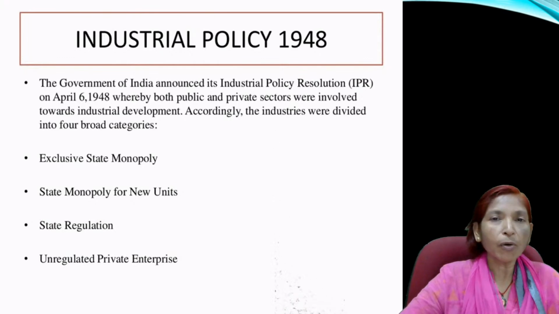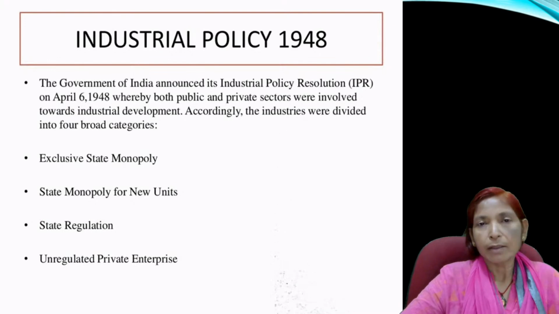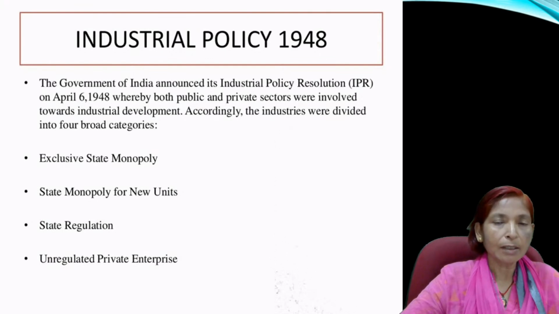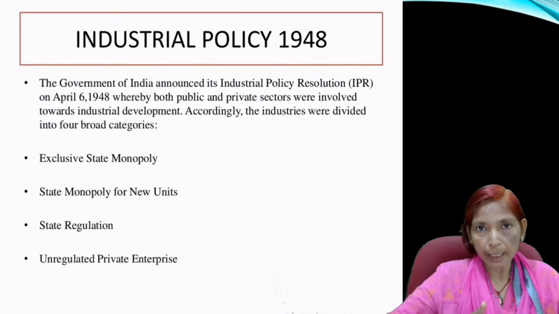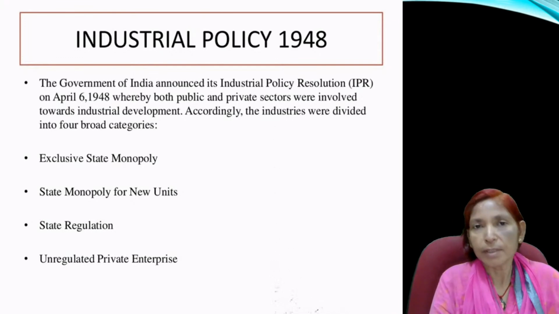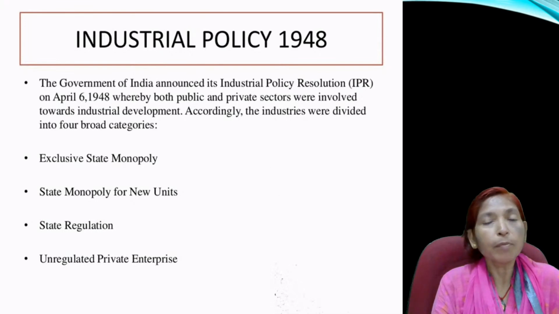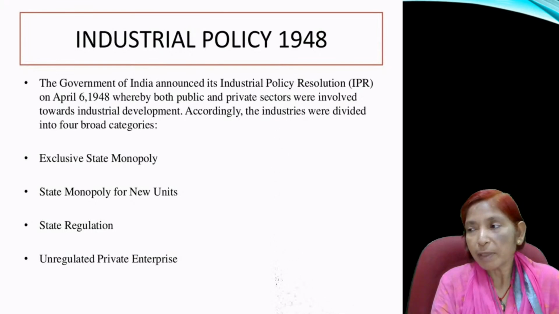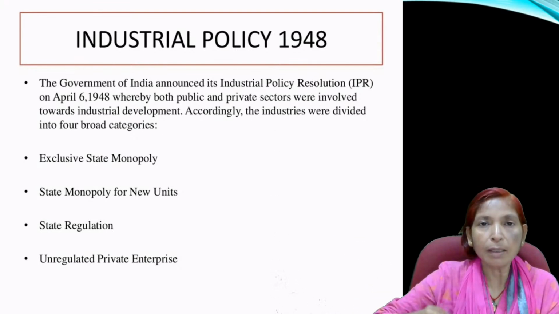But before 1991, the public sector was the dominant sector in the Indian economy and the role of the private sector was very less. But at present the situation is reversed. At present, the private sector is playing a very important role and the public sector is playing less role in the economy.